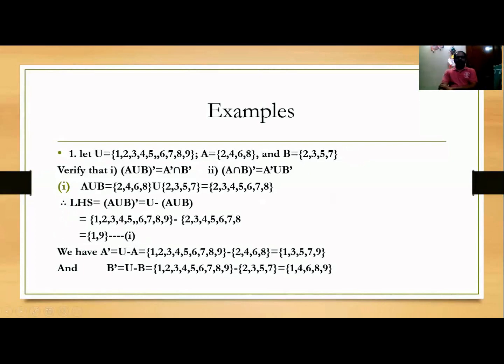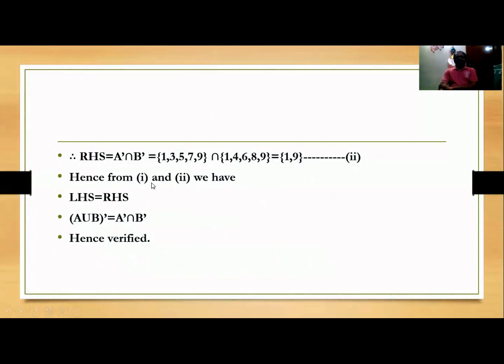Both sets are the same. So since LHS and RHS are equal, we can say that LHS is A union B complement and RHS is A dash intersection B dash.